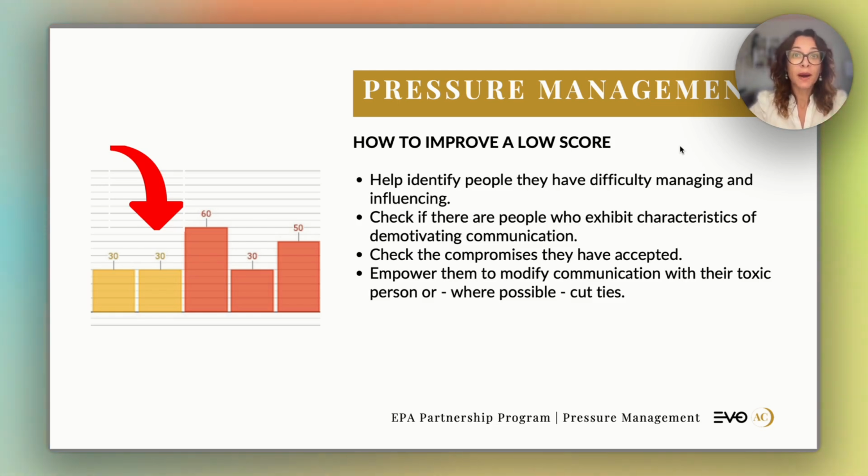And then we want to empower our clients to modify communication with their toxic person, or when possible, maybe it's a friend, maybe it's a college friend, maybe it's a member of the community, cut ties. If it isn't a very important or strategic or immediate family relationship, sometimes it's just easier to cut ties.